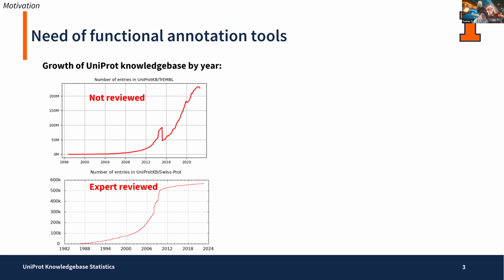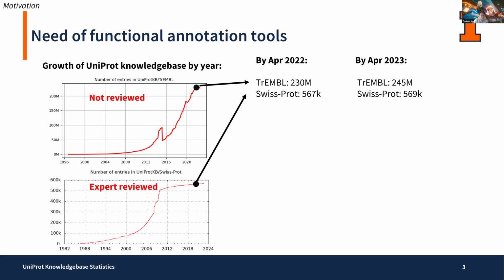So only about 0.5% of the UniProt database has been expertly reviewed. If we look at the growth rate, these are time steps I took in April, 2 years ago and 1 year ago. The unreviewed portion has grown by 15 million sequences, but the reviewed portion only grew by 2,000.